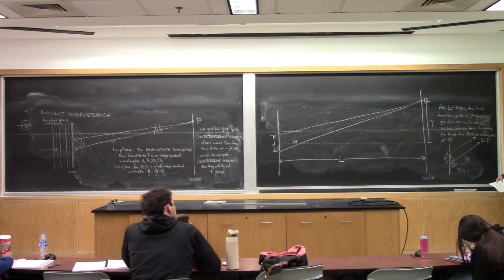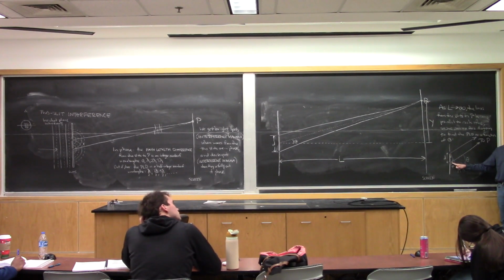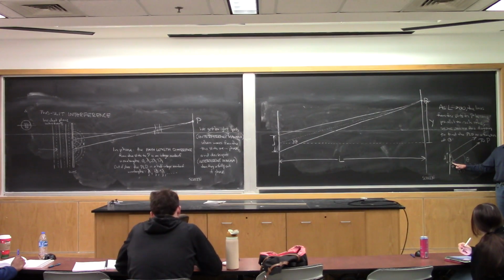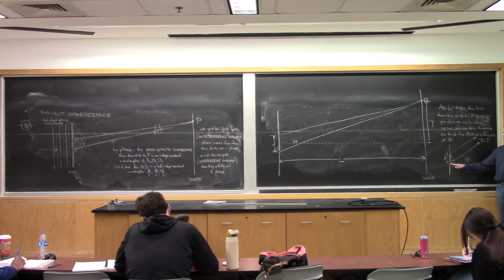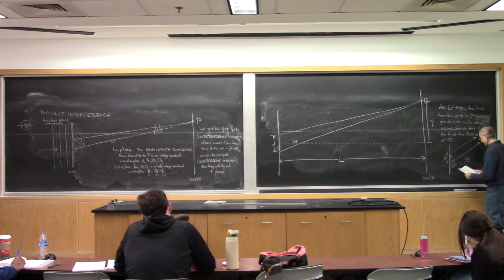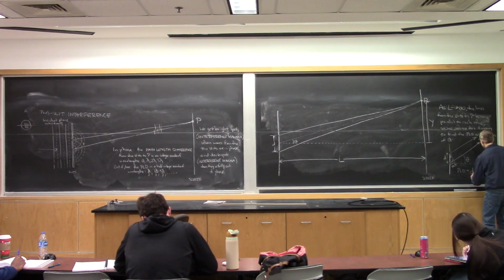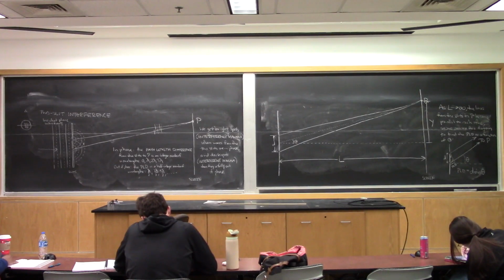There's D, the hypotenuse, there's angle theta, and this is the side opposite. So the PLD is just D times the sine of theta. The distance between the slits times the sine of that angle theta is the path length difference.